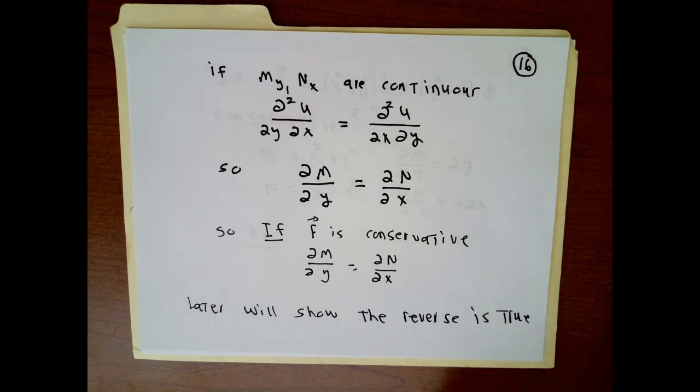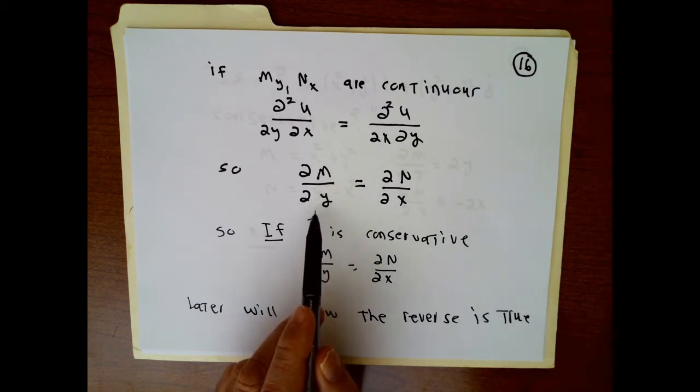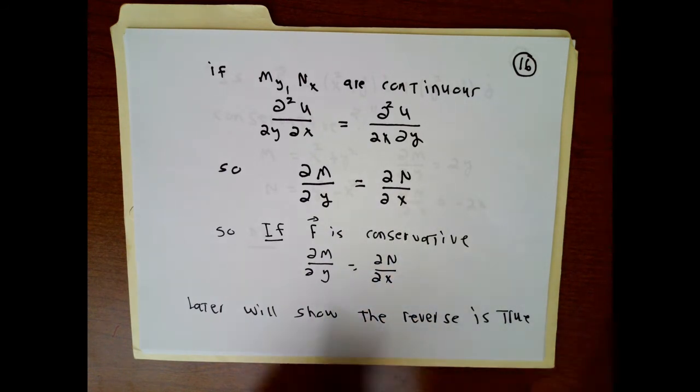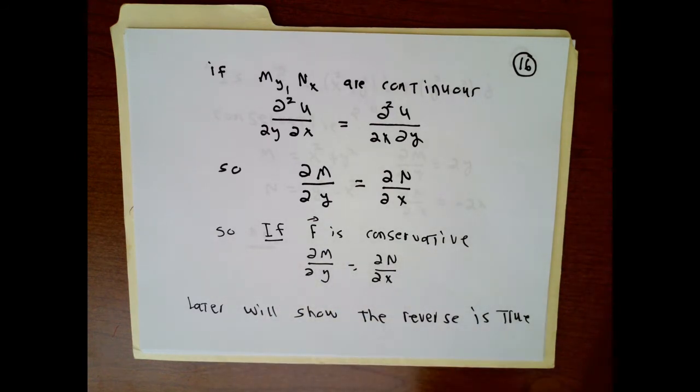So, relying on that equality, the partial of m with respect to y has to be the same thing as partial of n with respect to x if f is conservative and the functions have continuous derivatives. Then this must be true. It turns out that if this is true, then the function is conservative, but we don't know how to prove that yet. So for now, we'll just accept this tacitly.